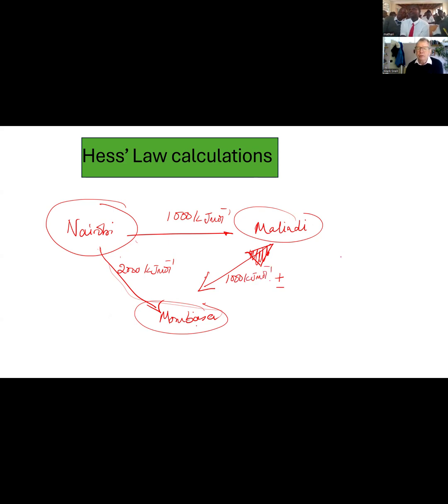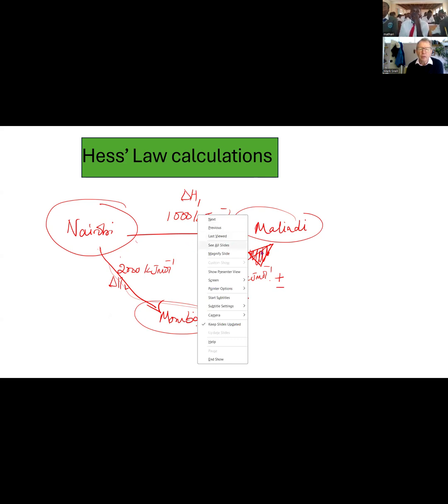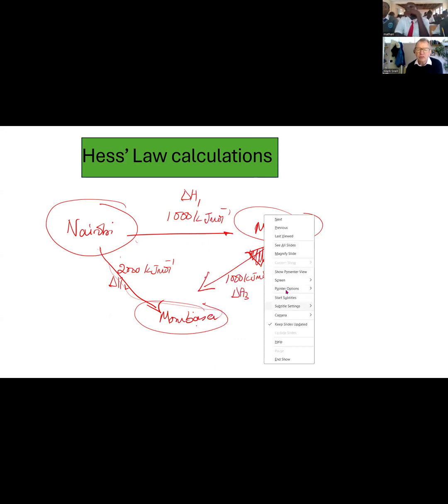It is not true to say this one equals that one and that one. That doesn't make any sense. That's really important: we've got to reverse this one here. Okay? So let me just reverse it.